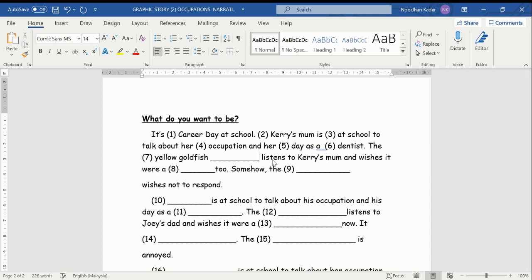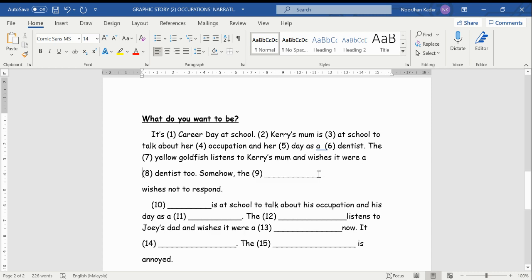Okay? Remove the blank first. Later on we will underline the answers. Listens to Carrie's mom and wishes it were a dentist. Okay? So I'm using it again. That is why there are fewer words, as I told you earlier. Okay? It wishes it were a dentist too.